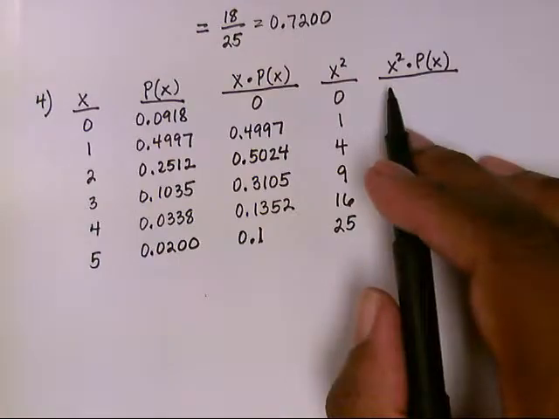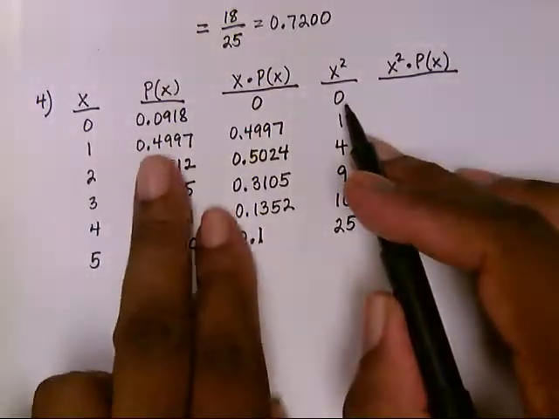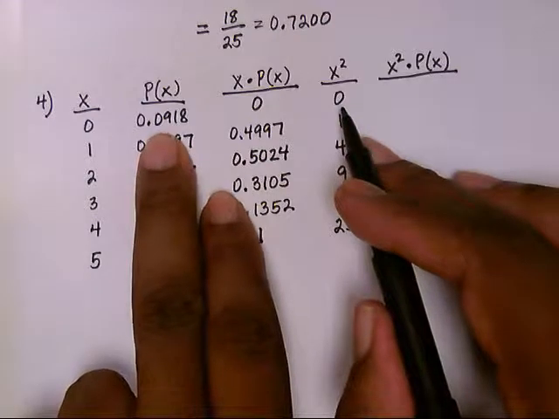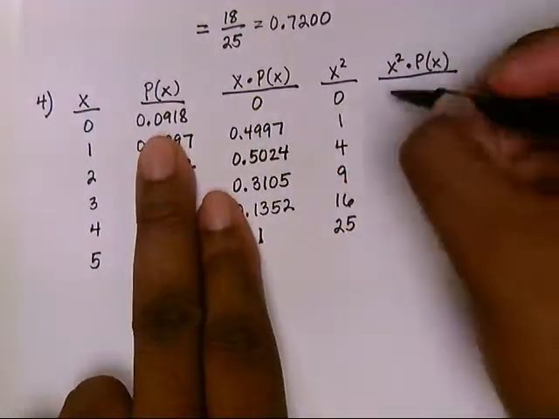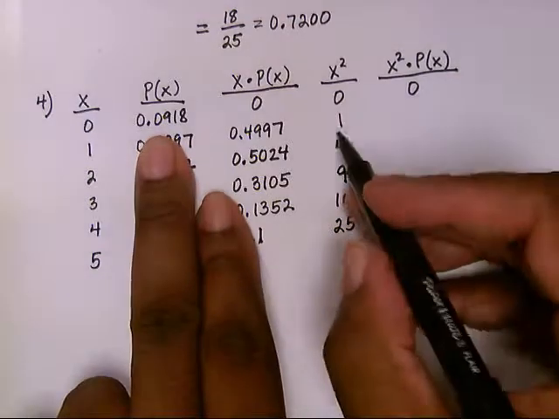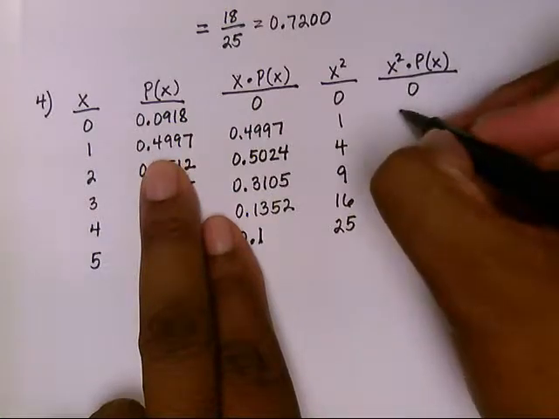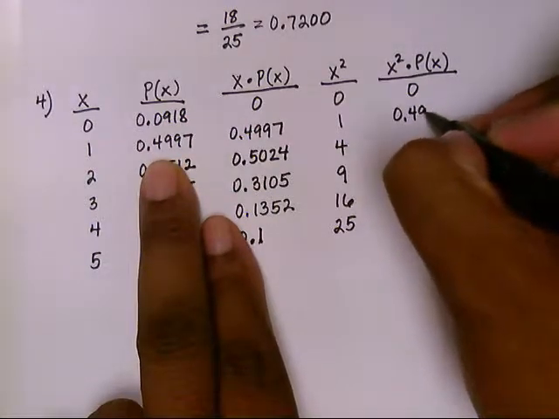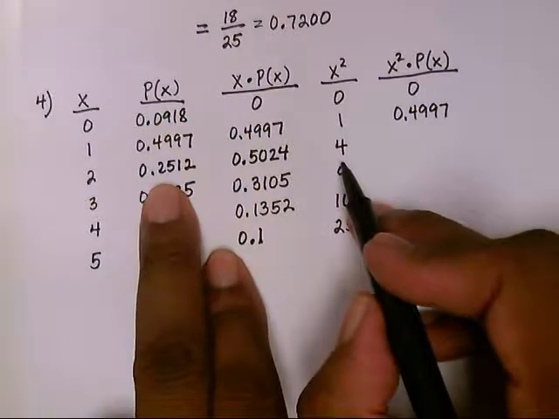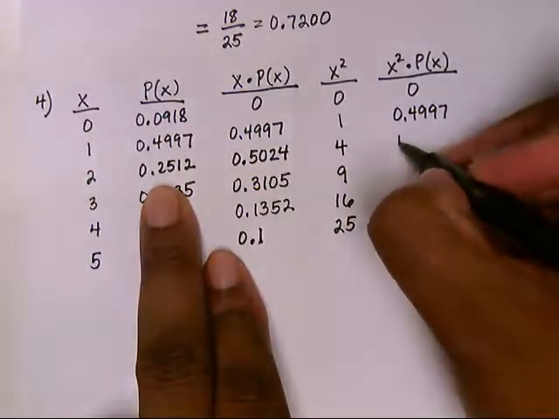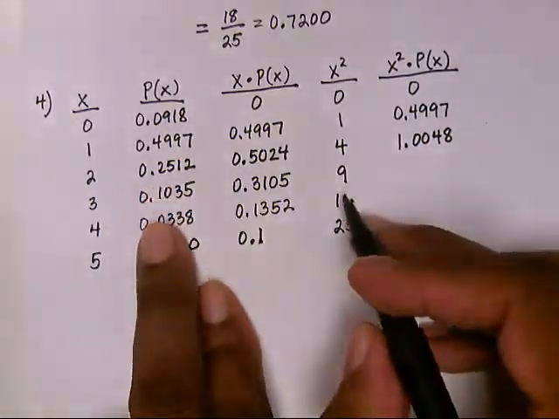And then, for the x squared times p of x column, we multiply the x squared times its corresponding probability value. So if I do 0 times 0.0918, that's going to be 0. And then 1 times 0.4997 will be 0.4997. And then next, 4 times 0.2512 will be 1.0048.